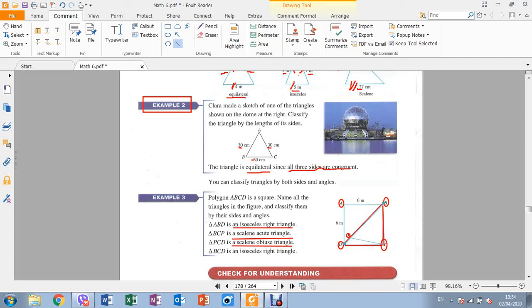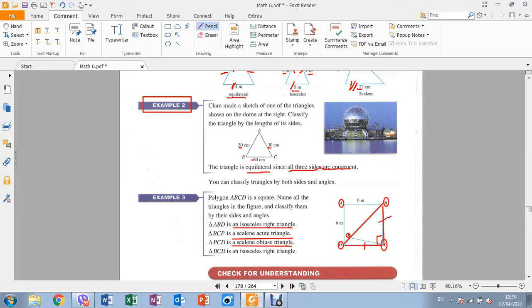Look at this triangle. If we decide by angles first, when we use this 90 degrees, directly we know this is a right angle. So this is a right triangle, decided by angles. By the length, it has two congruent sides.